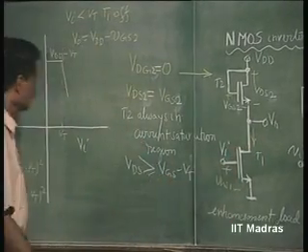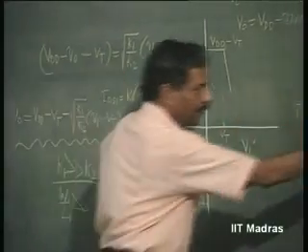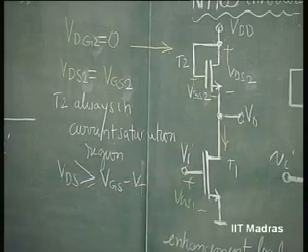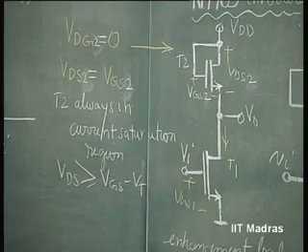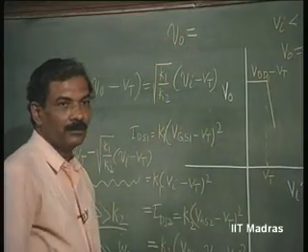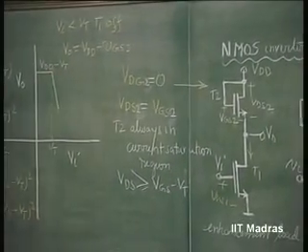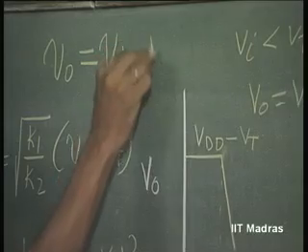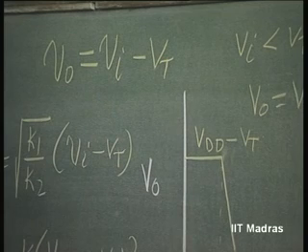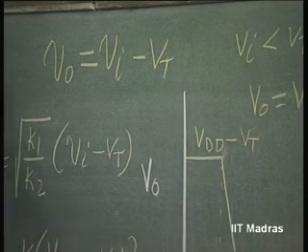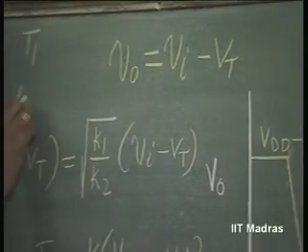Let us again put VDS, that is V naught, when that becomes equal to VGS1, which is Vi minus Vt, the transistor T1 enters what?